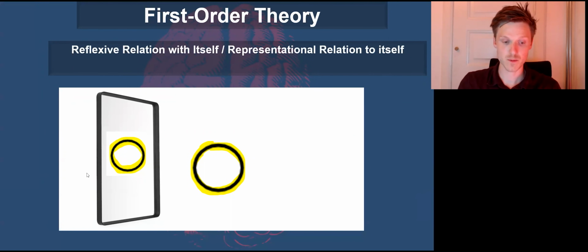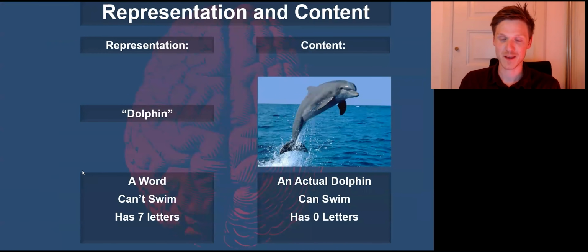So to explain the representational relation that it's able to hold, you can think of it in terms of a dolphin. These representational theories explain that, for example, the word dolphin is a word, and that word has 7 letters. It is a representation, and the word itself is different from the content.